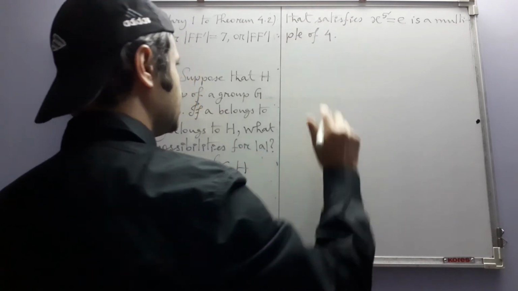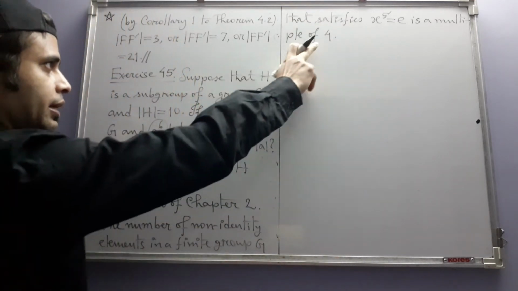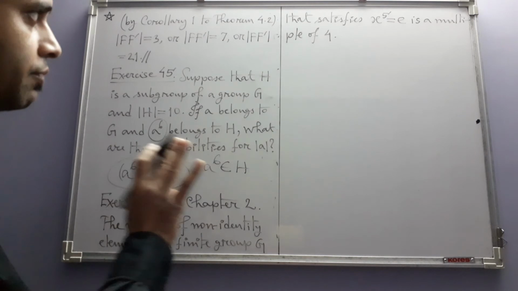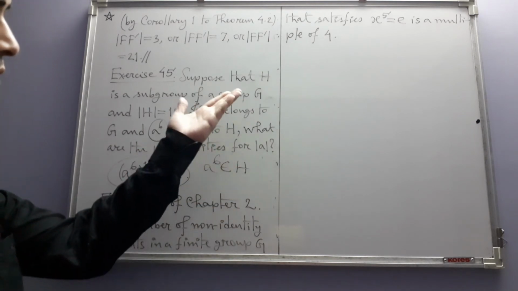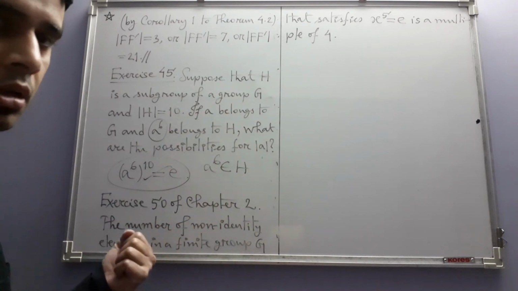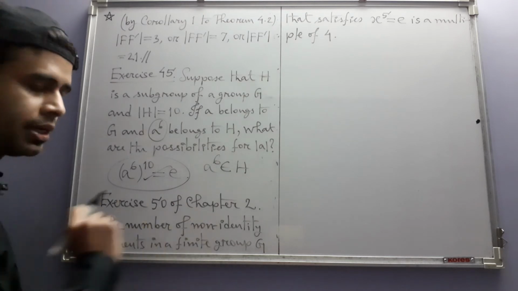In the text it's wrongly given as 5, but it will be 4. In fact, the corrected one we have already solved because it appeared in chapter 2.